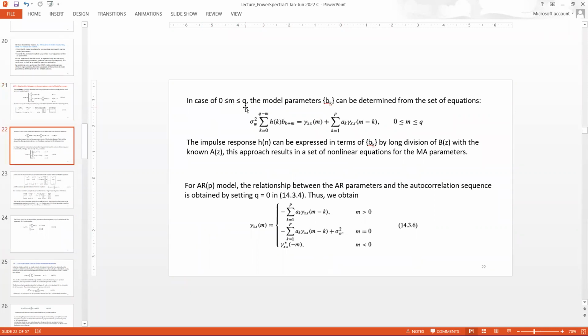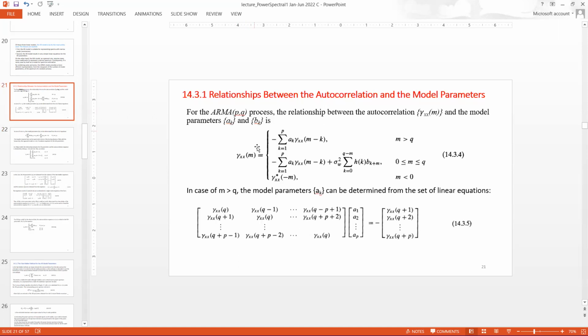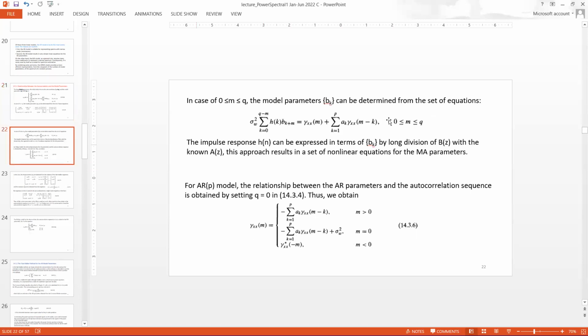And if m is within 0 to q, then we get the second equation, and that is again written here. Reorganize and rewrite it.